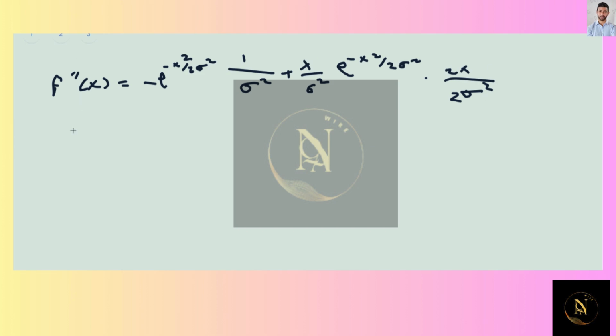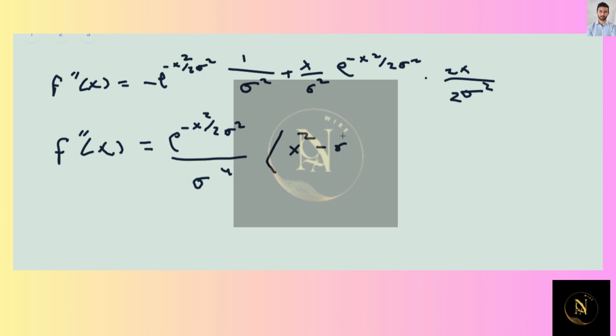Then you can pull out a common factor of e to the minus x squared over 2 sigma squared. You can also pull out a factor of sigma to the 4th, and then you get x squared minus sigma squared equals 0.